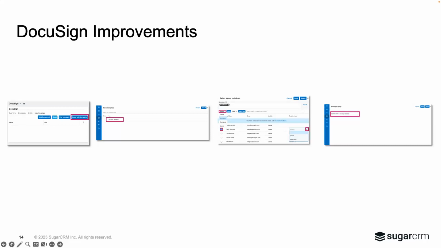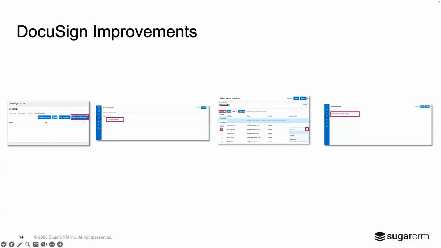So before this release, the whole DocuSign integration didn't allow users to apply a DocuSign template to a Sugar document. So it made it a little bit more of a process to do this. So we've essentially improved that and made it a lot easier to walk through. So I wanted to give you an example.